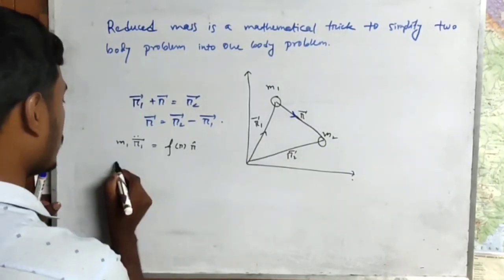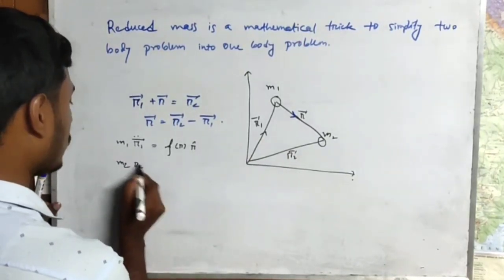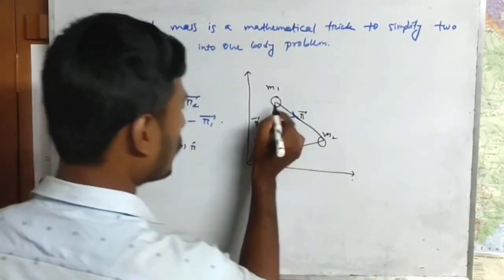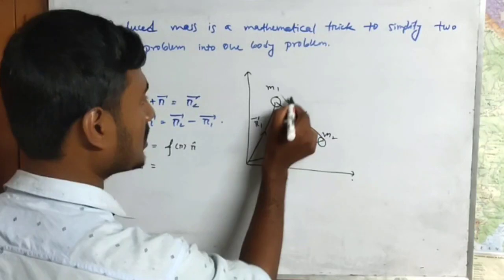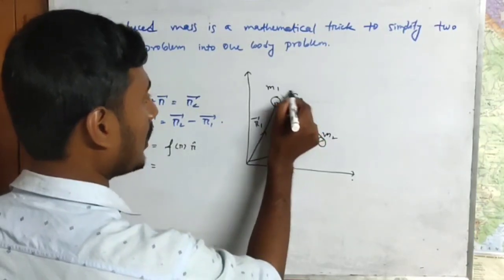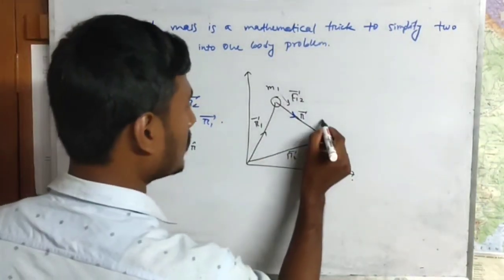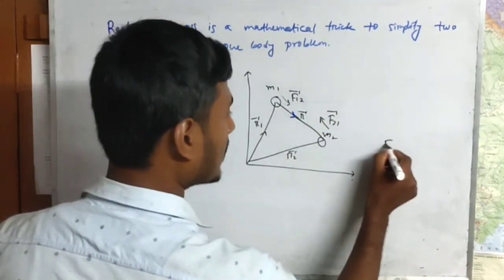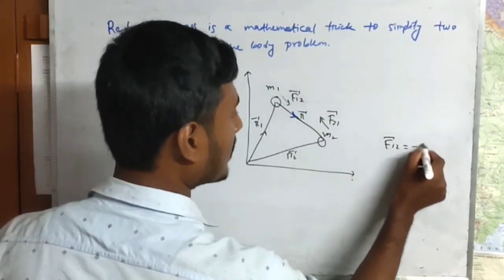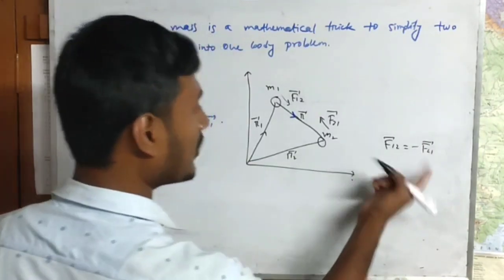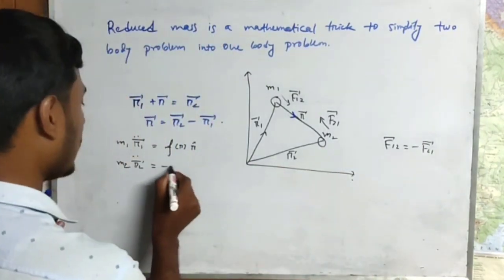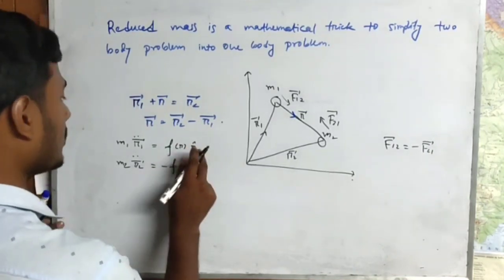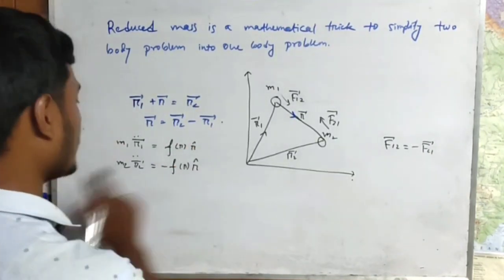For mass m2 it will be m2 r2 double dot equal to, now see the force between m1 and m2, let's say this force is F12, and according to Newton's third law, F12 is equal to minus F21. They are equal and opposite. So we can write here minus f of r r cap. This is for mass m1, this is for mass m2.